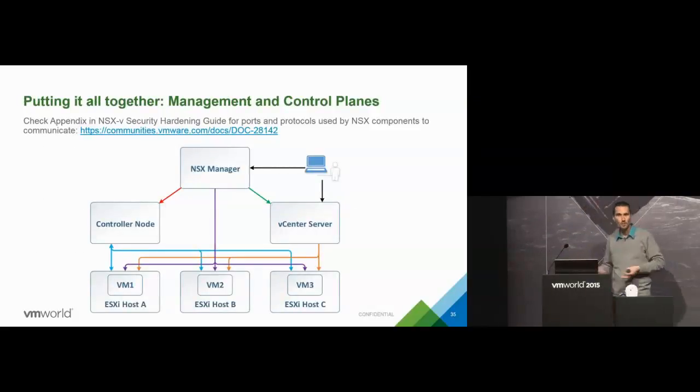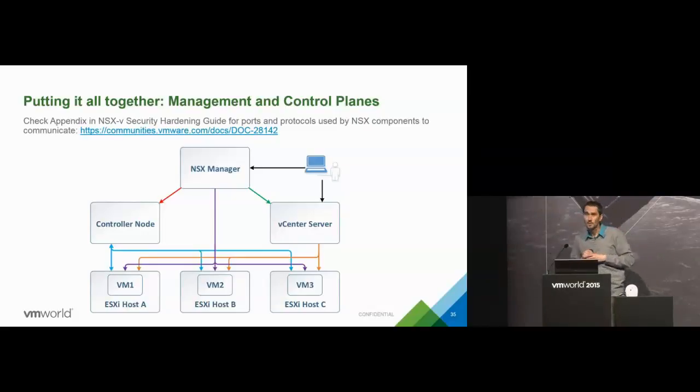So to pull it all together, a lot of things talk to a lot of things. Here's a little reference diagram. The user talks to the API manager and vCenter server. NSX Manager talks to all hosts, to all controllers and vCenter server. vCenter server talks to all hosts, and the control nodes also talk to all hosts.